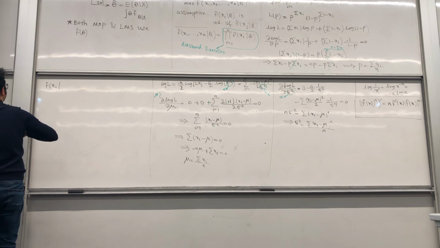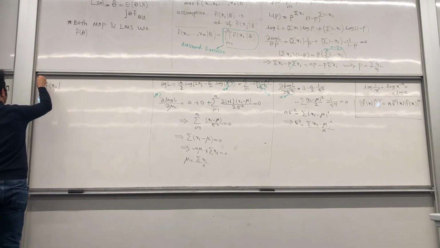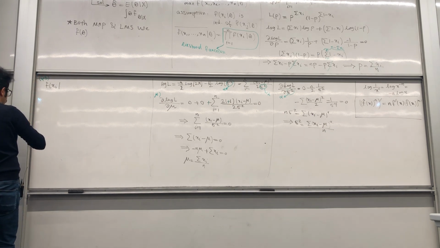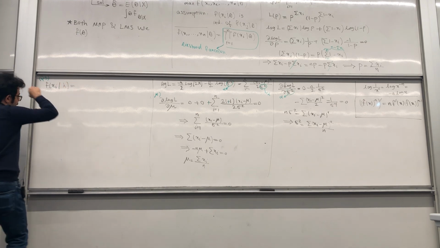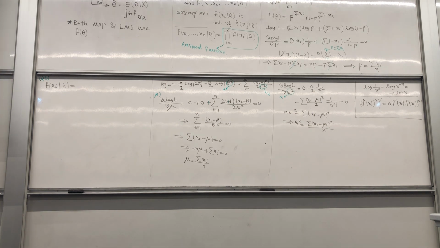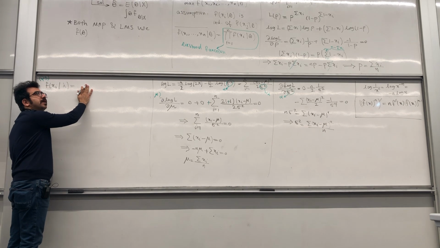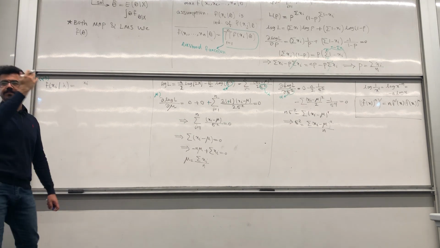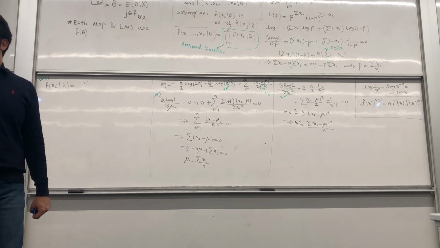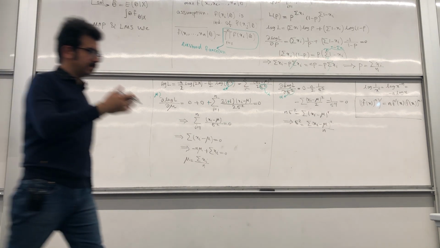Question number 3. Okay, f of xi conditioned on lambda is equal to, what was the formula for Poisson? I forgot. E to the power of, what was it? Xi. Help me out. Let me see. I have it here.